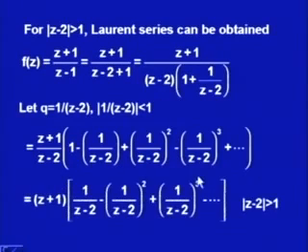Simplifying it, it is z plus 1 multiplied by 1 upon z minus 2 minus 1 upon z minus 2 whole square and so on, and the region is modulus z minus 2 greater than 1, because after that there is no point where the function is not analytic. So, this is the region of convergence for the Laurent series.